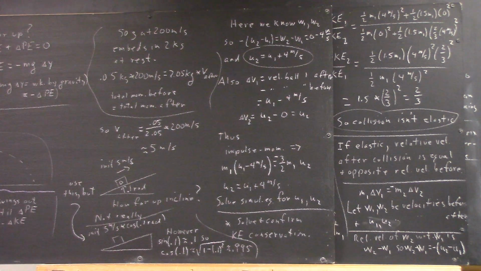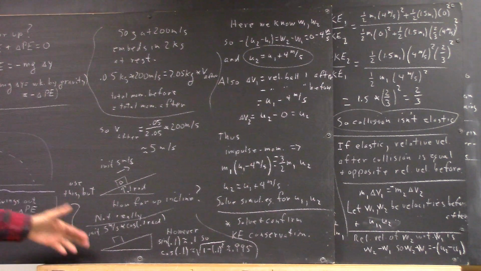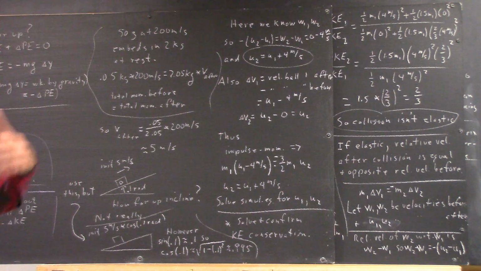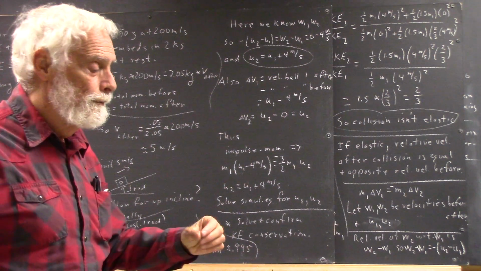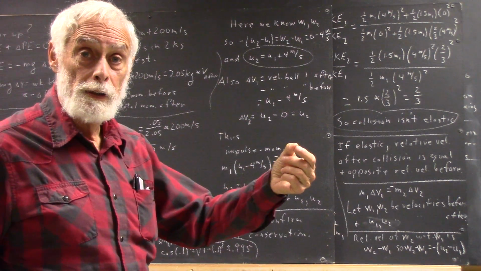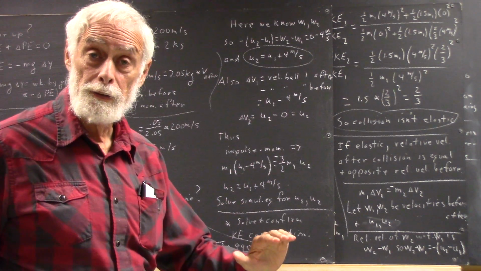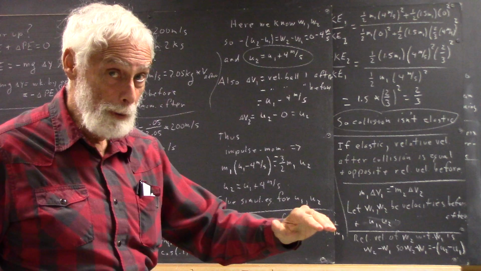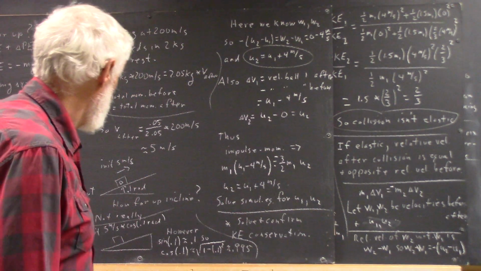Another situation, well, it's the same situation. How far do we go up the incline? Well, I'm going to say we go up the incline until our increase in potential energy is equal to the decrease in kinetic energy, as the kinetic energy decreases all the way to its lowest possible value, which is 0.